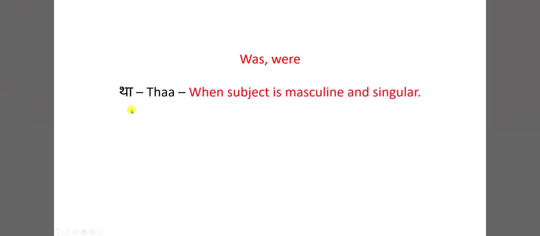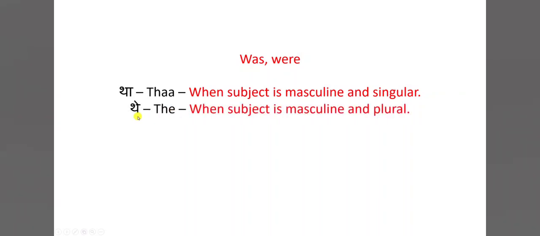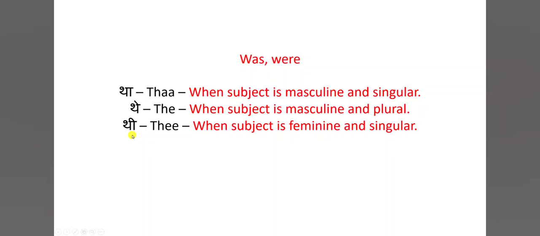Tha. Tha is used when the subject is masculine and singular. The. The is used when the subject is masculine and plural. Thi. Thi is used when the subject is feminine and singular.